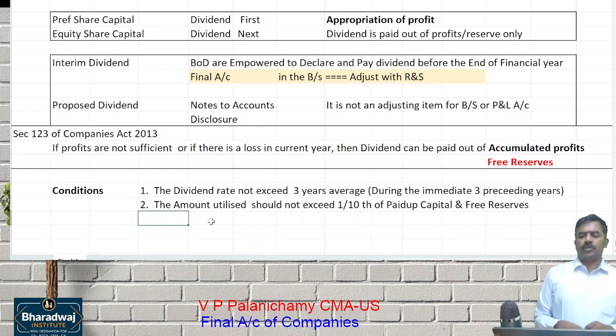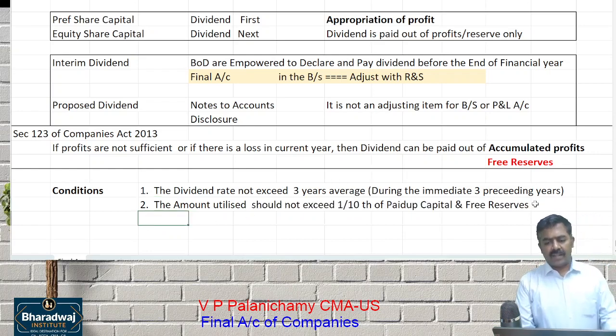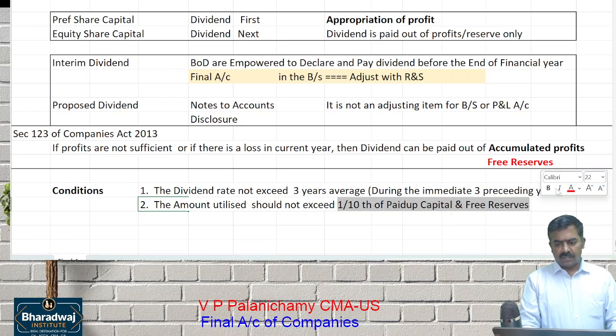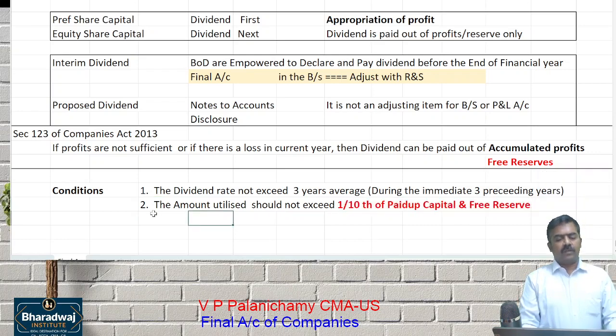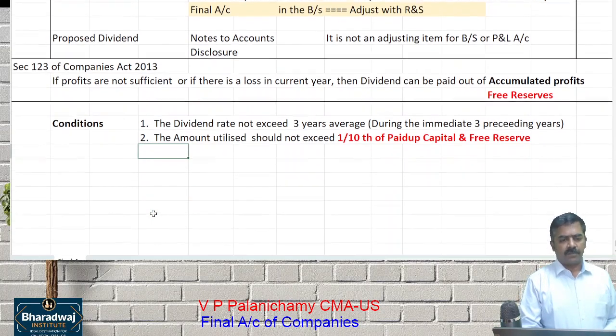The amount utilized should not exceed what? 1/10. 1/10 means 10%. You can use only what? 1/10 of paid up capital and reserves maximum.